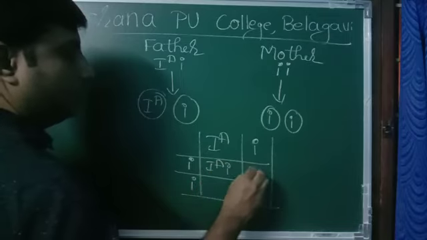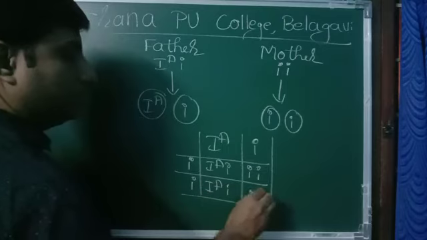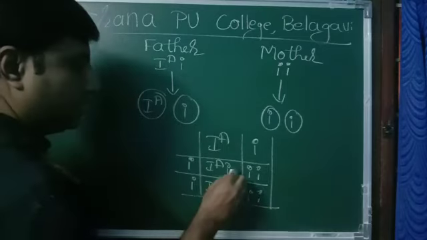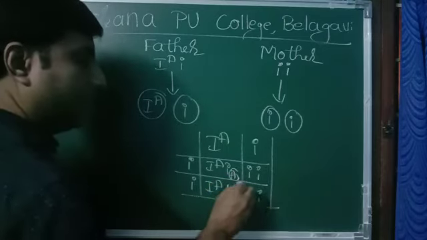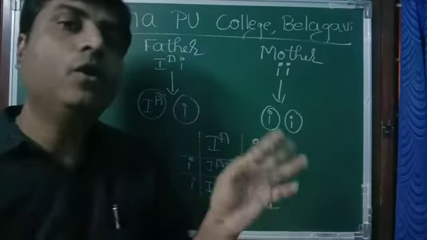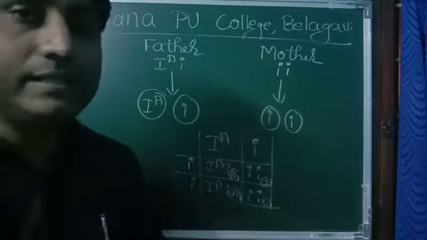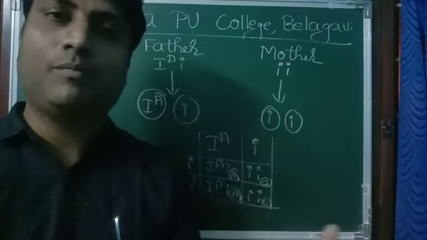IA small i, small i, small i, IA small i, small i, small i. So now only two possibilities. This is A and this is O. So children can have a blood group A or O. Like this, okay, the allele which is present in them will decide the blood group of their children.